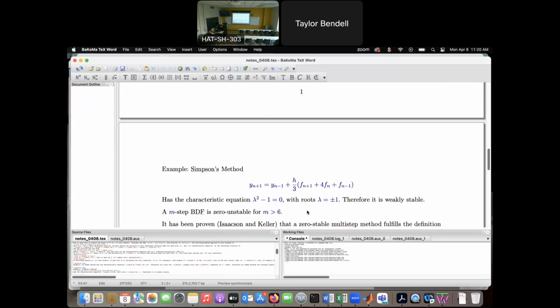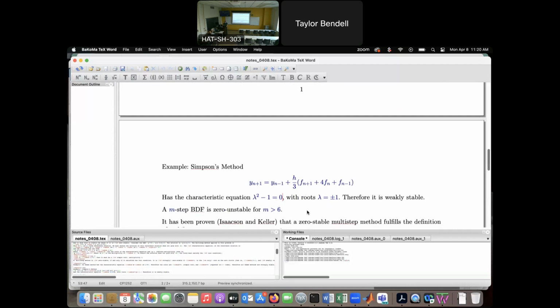One thing is to choose any example, like say a 10-step BDF, you compute the roots, you see that it's not stable, and you try for however many examples you'd like to show that you're going to get a root outside the unit circle for all m greater than 6. Usually not an easy thing to prove.